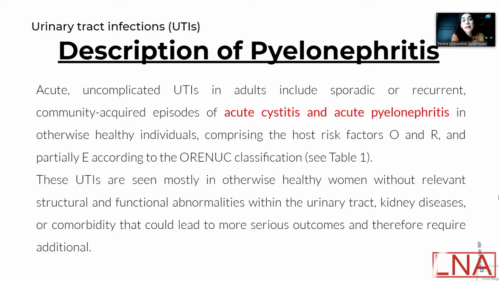In otherwise healthy individuals, comprising the host risk factors O and R from the group O and R, and partially E according to this classification, which we discussed with you on table 1. These urinary tract infections are seen mostly in otherwise healthy women without relevant structural and functional abnormalities within the urinary tract, kidney disease, or comorbidity that could lead to more serious outcomes and therefore require additional attention.